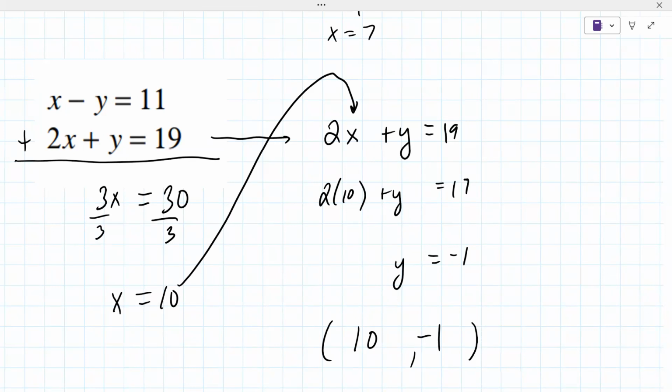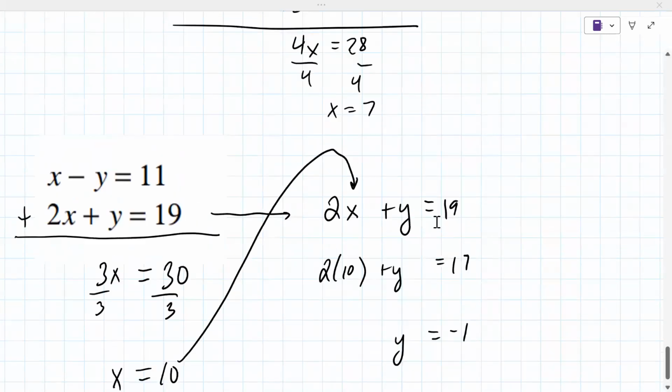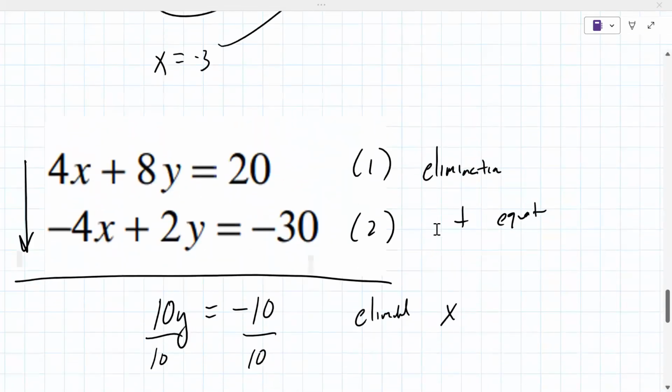Any questions, thoughts on that before we proceed? The thing that weirds me out about this elimination is I feel like I've seen equations where instead of adding from top to bottom, you subtract. So there are sub cases to elimination.